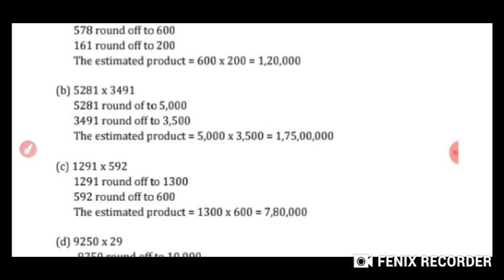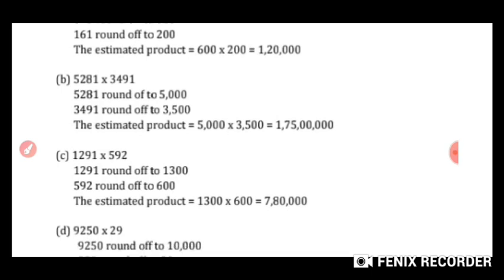But after 4, which number is there? 9, a strong number, so add 1. Now see, 3,500. Now estimate the product values.